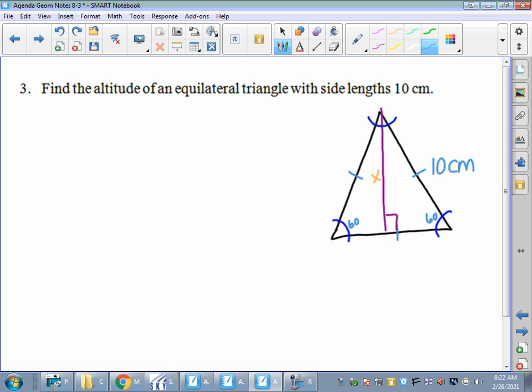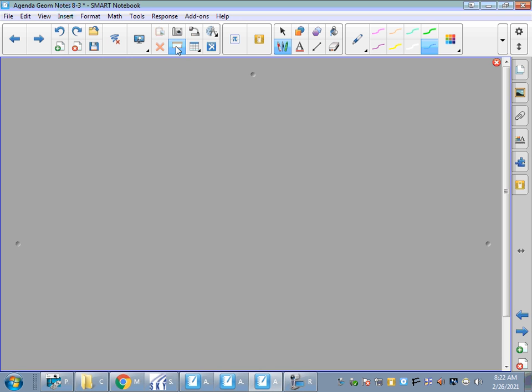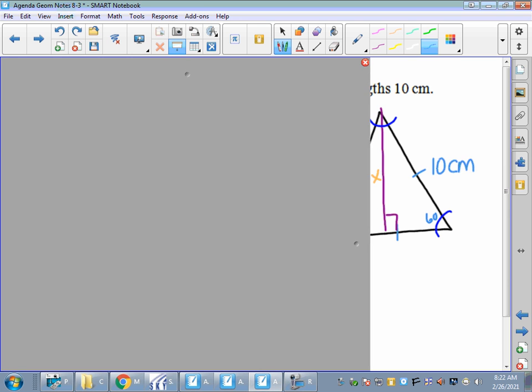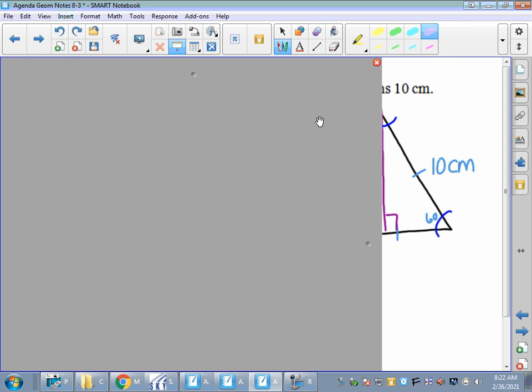So that means, just like we did for the square with its diagonal, if I have an equilateral triangle but I only show half of it, if this angle down here is 60 degrees, this angle is a right, what does this angle up here have to be? We've sneakily got ourselves a 30, 60, 90.